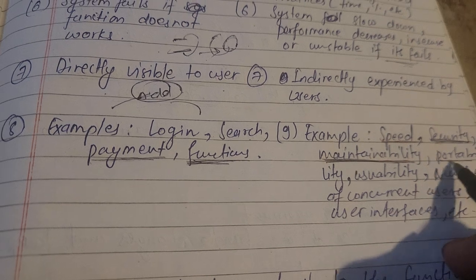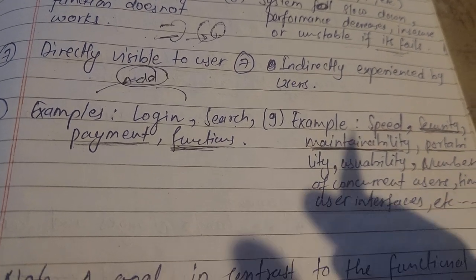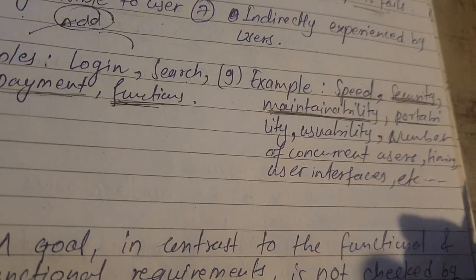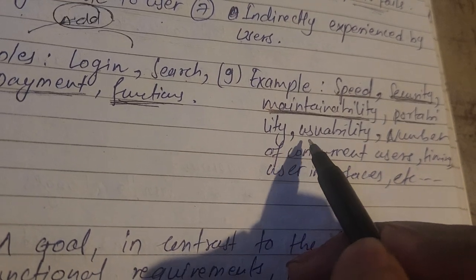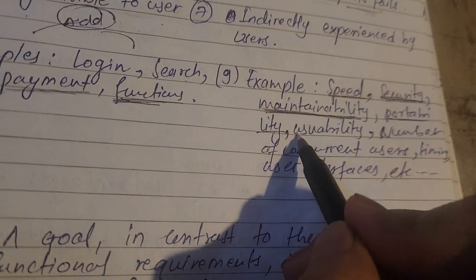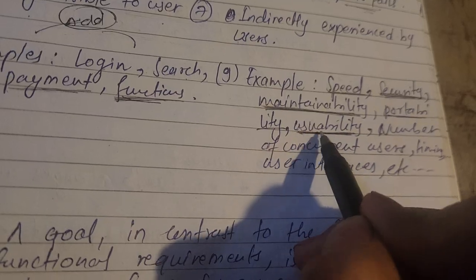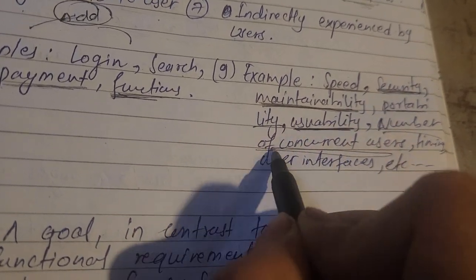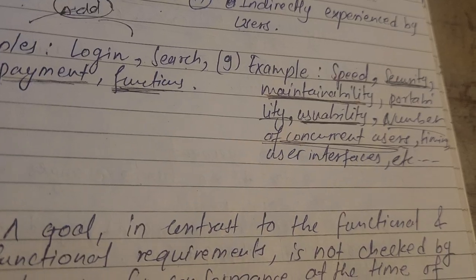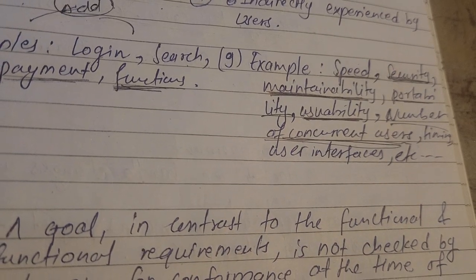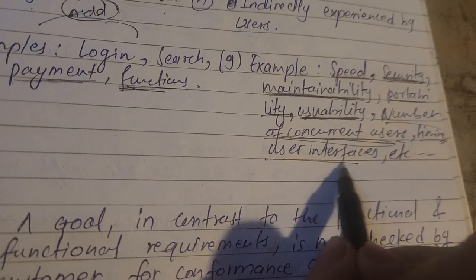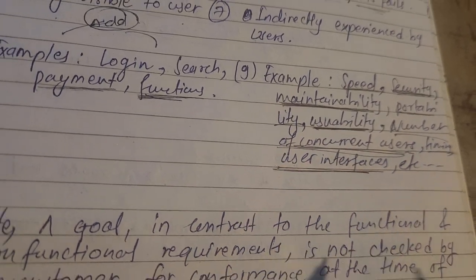Maintainability or portability means the system can be run on multiple devices or environments. Usability means user friendly. Number of concurrent users means the number of users that can operate at the same time. Timing, user interfaces, like that.